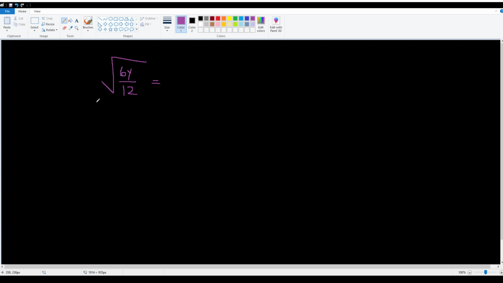Okay, so again, using the fraction under a square root, we take the square root of the numerator, 6y, over the square root of the denominator, 12. Well, again, here we need to rationalize the denominator because we have a radical in it. So all that means is I'm going to multiply the top and the bottom by whatever the denominator is, in this case the square root of 12.